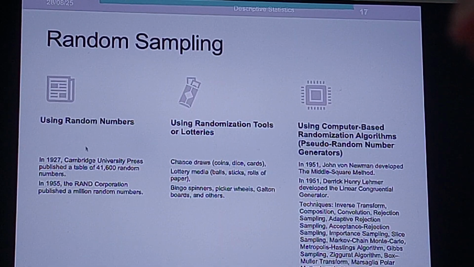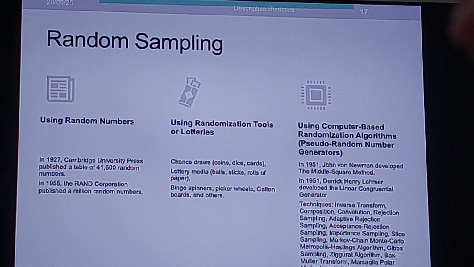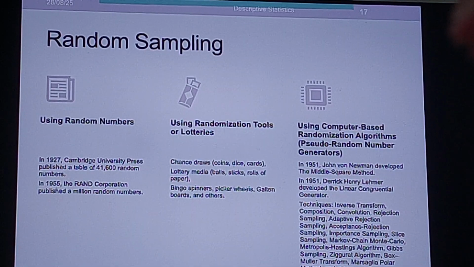The first one is using random numbers. We use Excel and then find 30 random numbers from 1 to 800, and we can take them randomly. Now, this is the first one.